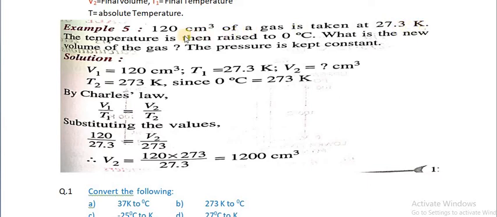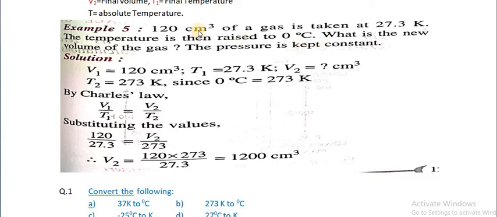So we have 120 centimeter cube of a gas at temperature 273 Kelvin. Now the temperature is raised to 0 degrees Celsius. Then what is the new volume of the gas? The pressure is kept constant.